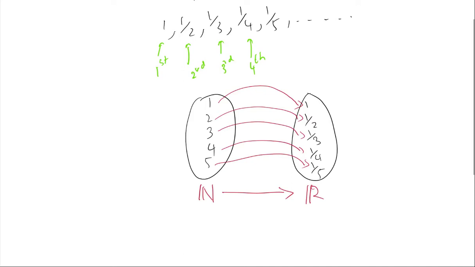Now is it surjective? That means for each term, can you find at least one position? Of course, yes, right? Let's take a random term, 1/3000. That's a term in the sequence, right? It has to be in the sequence. So can you find its position? Of course, yes. It's the 3000th position. You can find one, right?